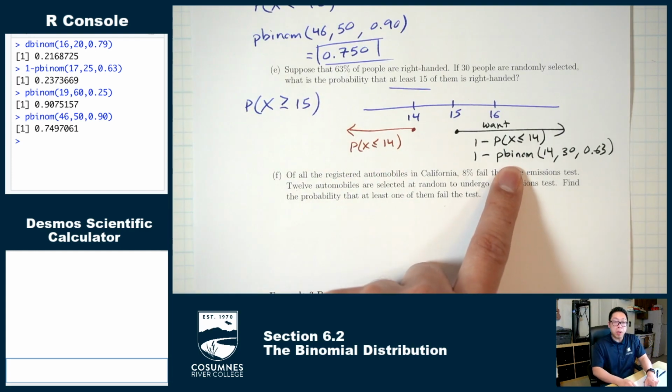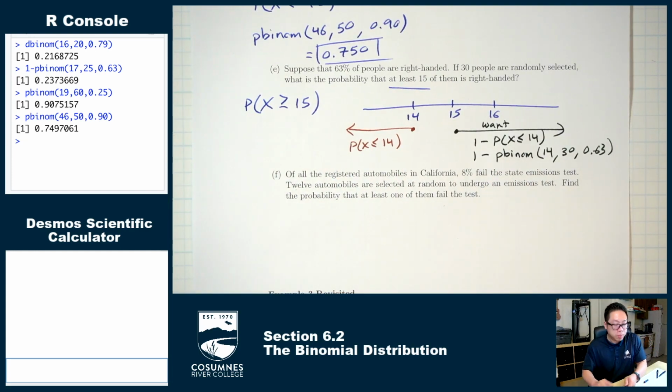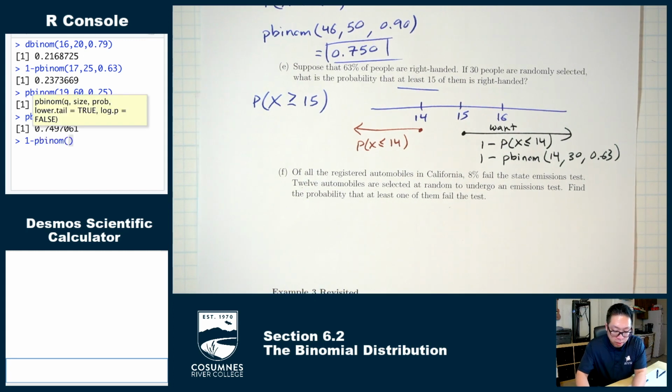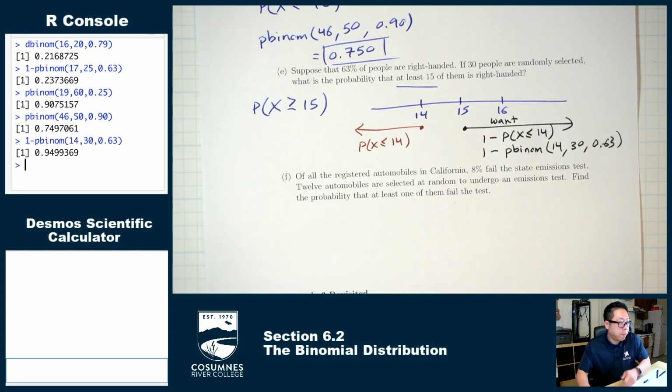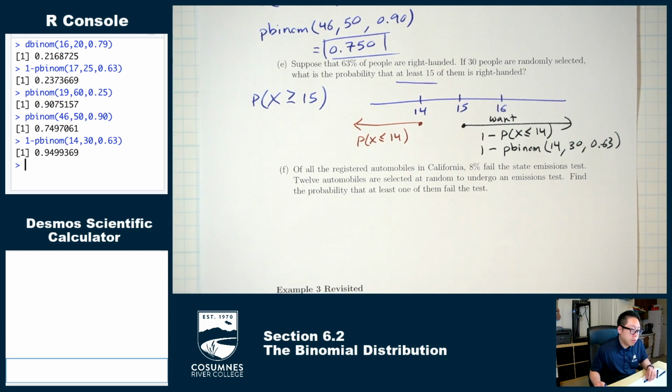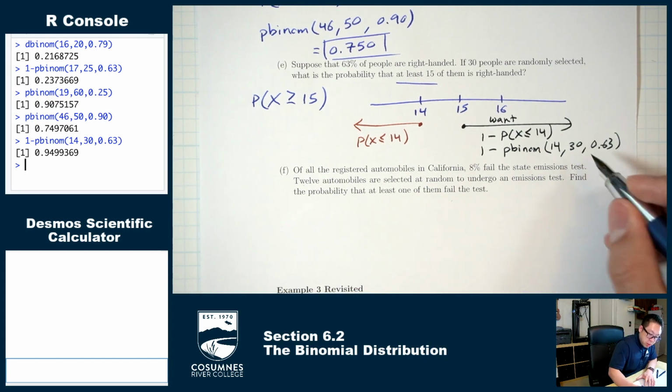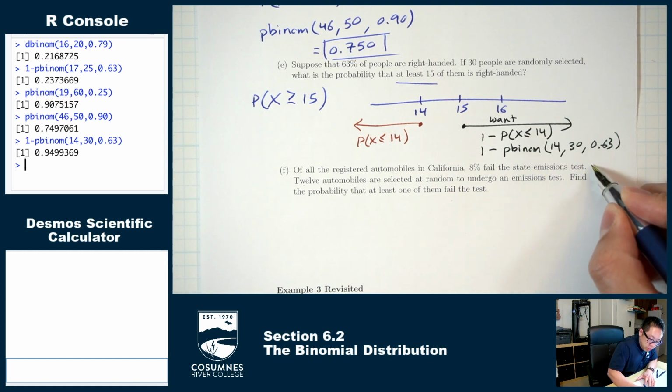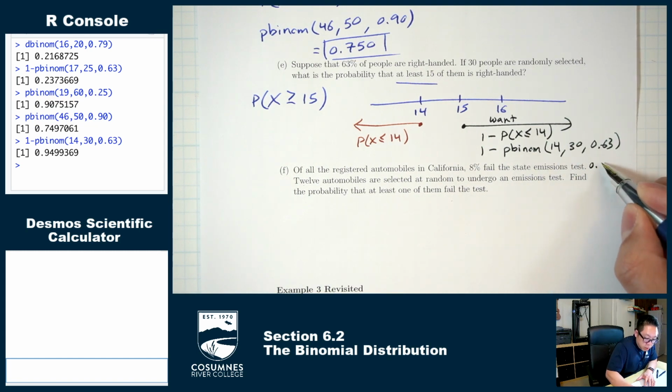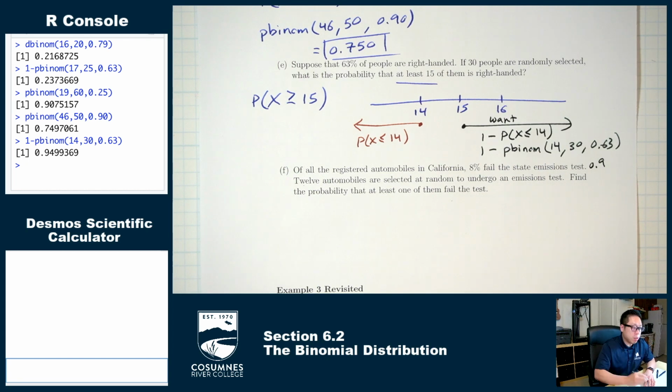Okay, so I'm going to type in directly 1 minus P binom, parentheses, 14, 30, 0.63. Okay, my answer, 0.950. So that's rounded to 3 decimal places. Yeah, that 49 is going to go up to 50.